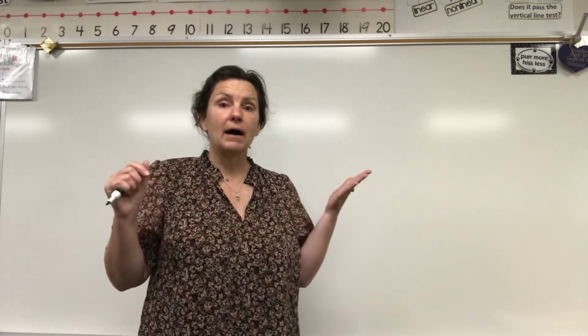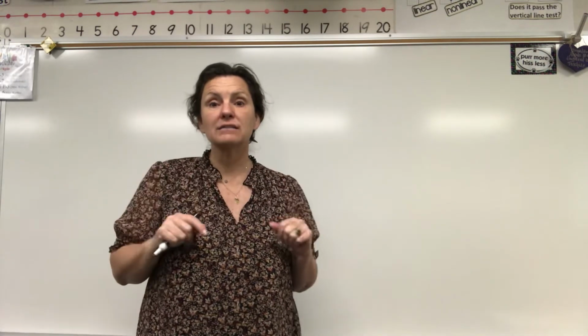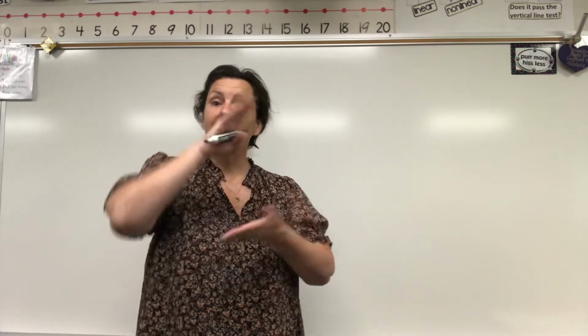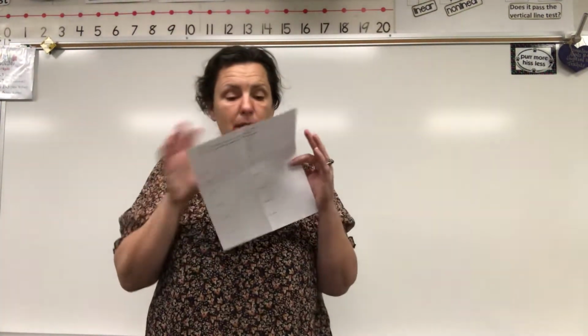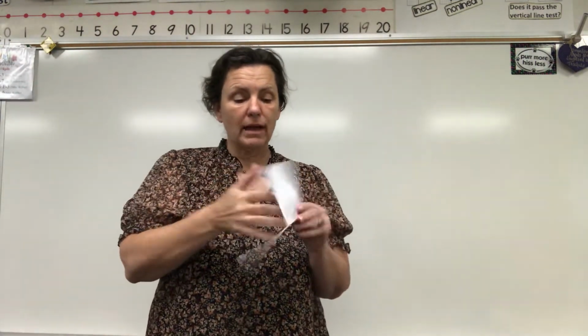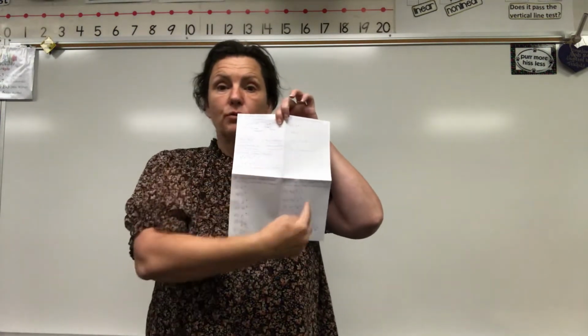Now, I did post some notes for those at home, but those in class are going to just take a clean piece of paper and fold it in half and fold it in half again. So basically, you could just take the homework assignment for those kiddos who are walking in, and they're going to grab this piece of paper, fold it in half, and fold it in half again. And they're going to end up with 4 boxes on the back. 1, 2, 3, and 4.